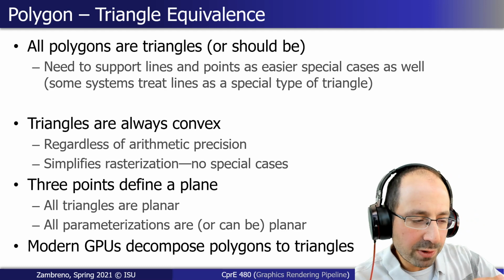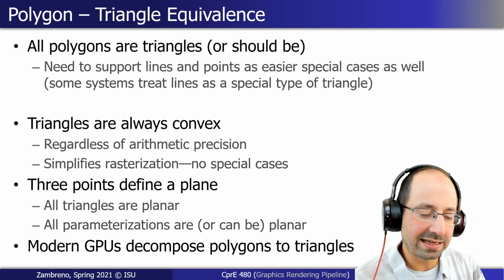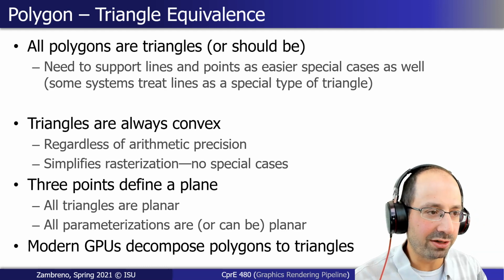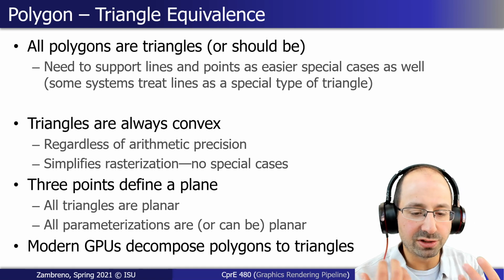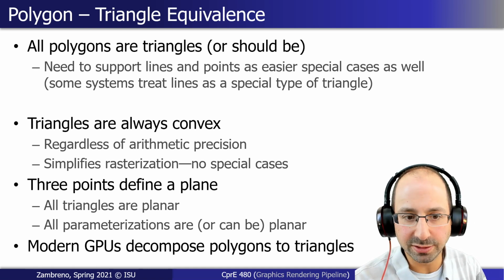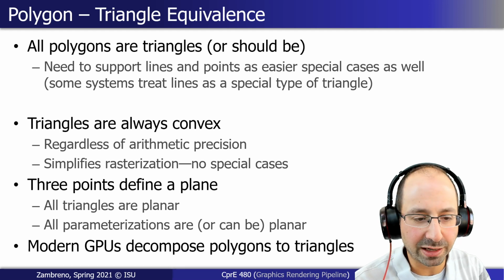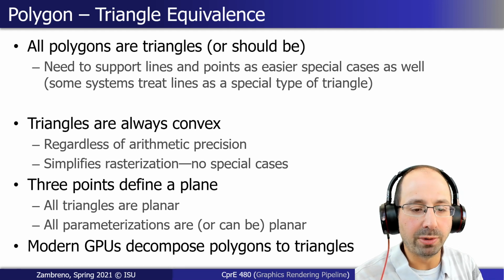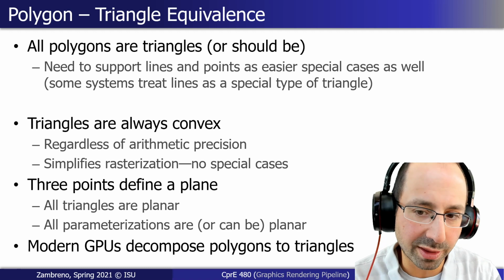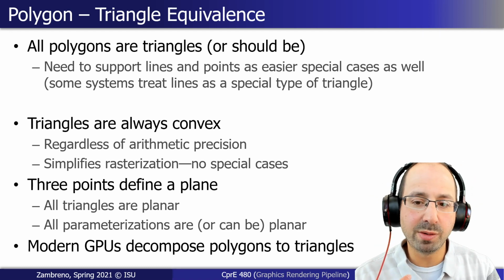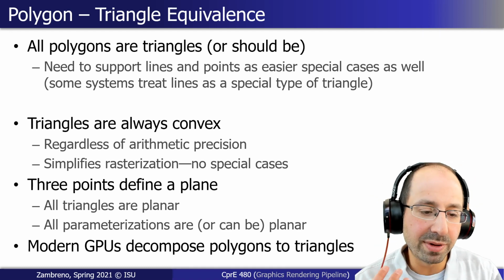And so even with programmable tessellators and geometry shaders, to my knowledge, we are still just decomposing things down to triangles in modern GPUs. The algorithms are well understood for how to do that rasterization. We don't have to worry about all sorts of weird edge cases. And so for our primitive assembly module that we're building, our job isn't that hard.